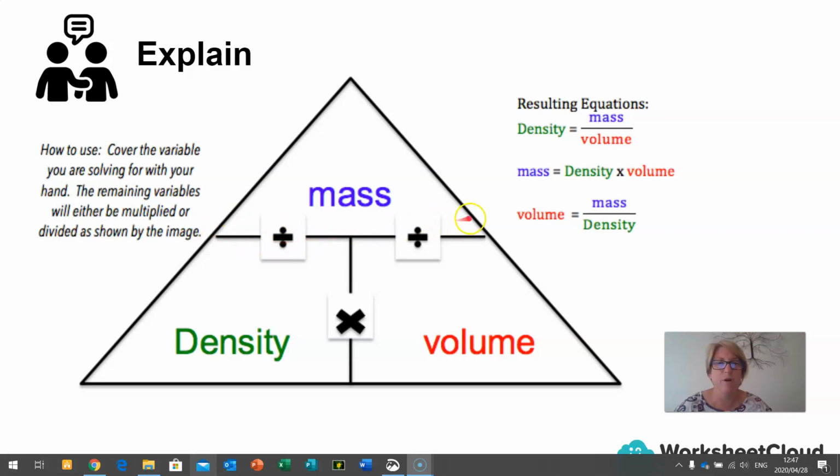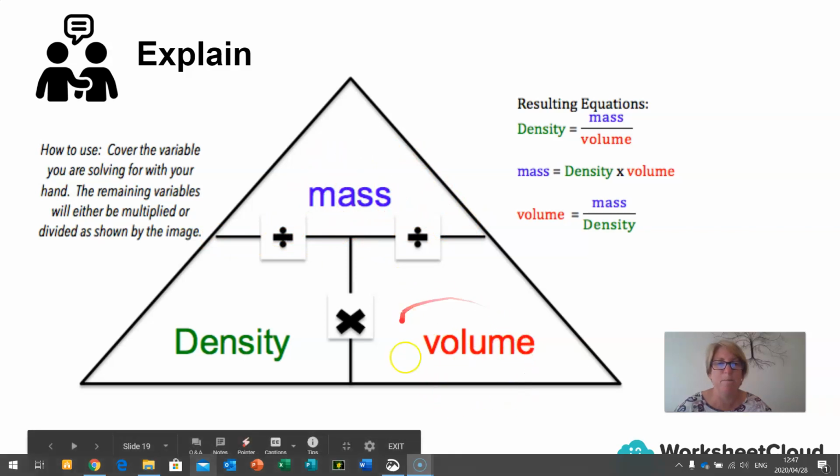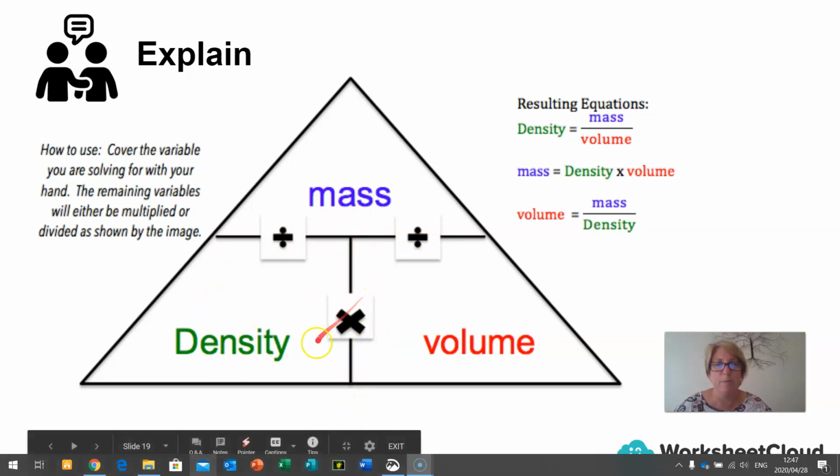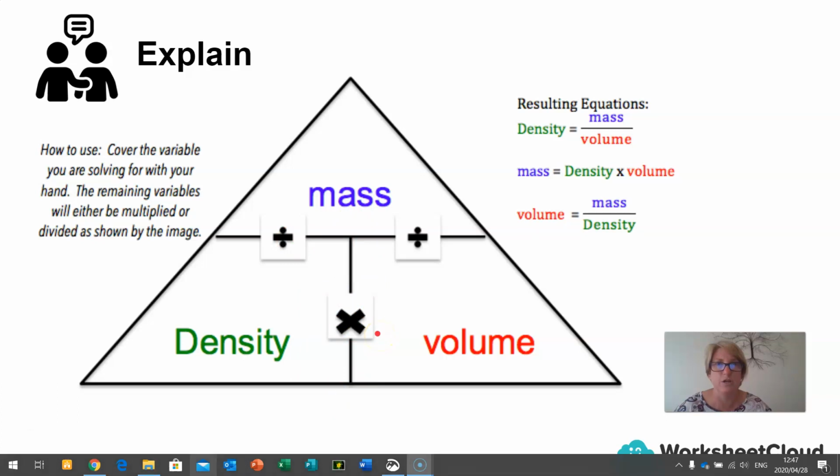So the horizontal line represents divide. The vertical line represents multiplication.